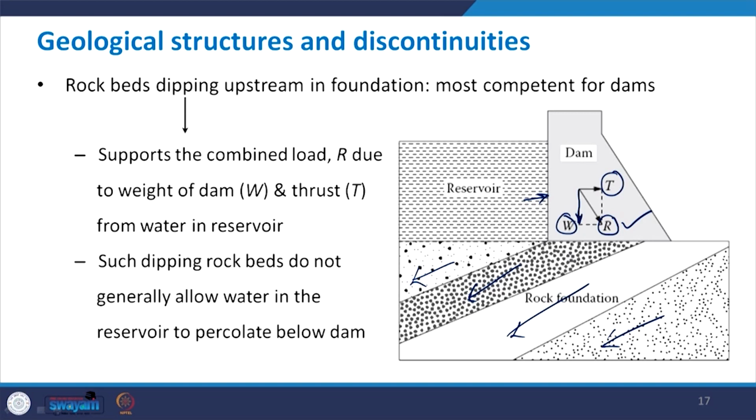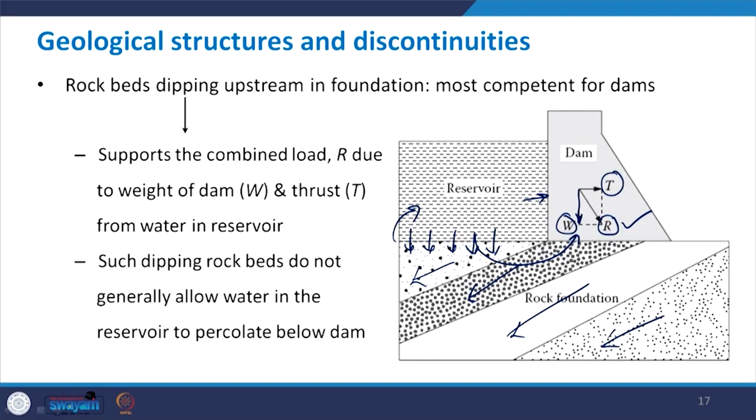Now, such dipping rocks do not generally allow water in the reservoir to percolate below the dam. That means the water will not go like this. In fact, whatever water is percolating will flow upstream and go back to the reservoir area.